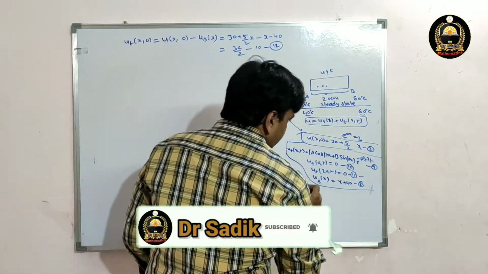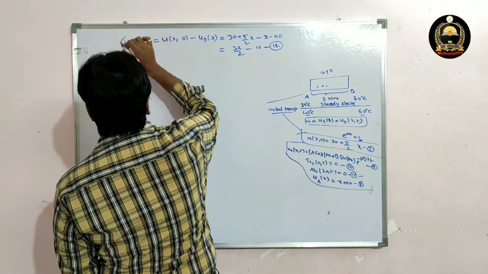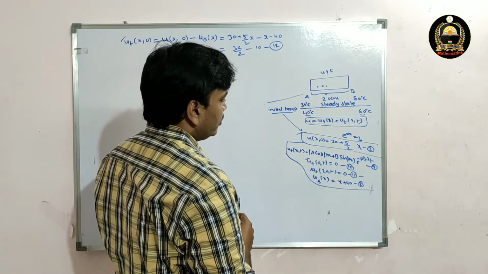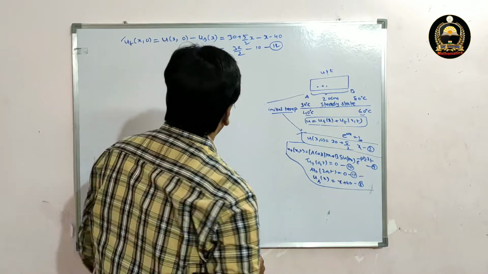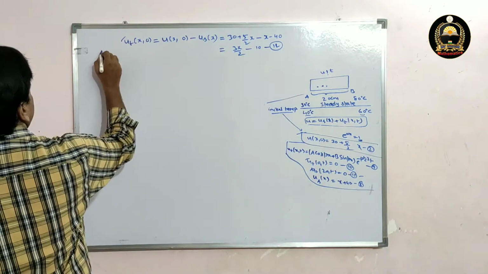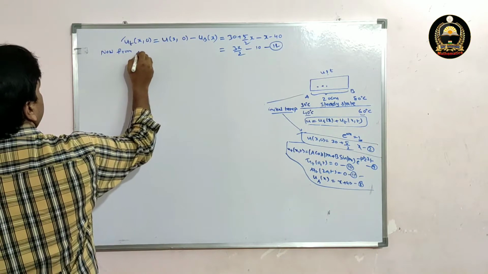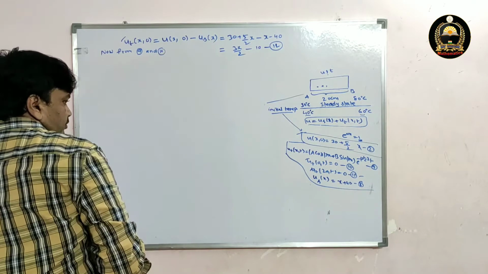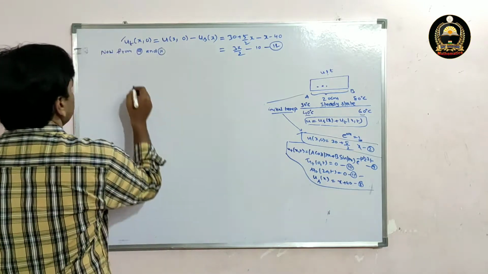Now I am using boundary conditions and the initial temperature, students. So from 9 and 10, that means I am using condition 10, u_t of 0 comma t.